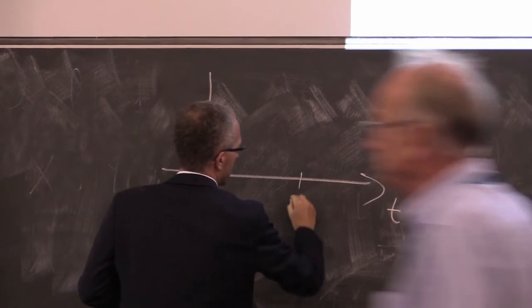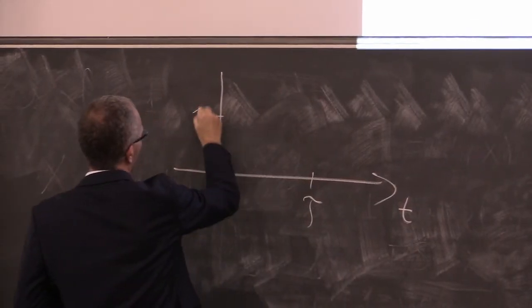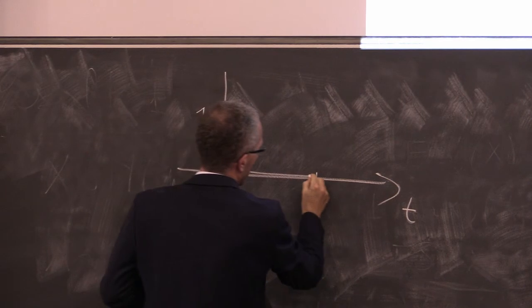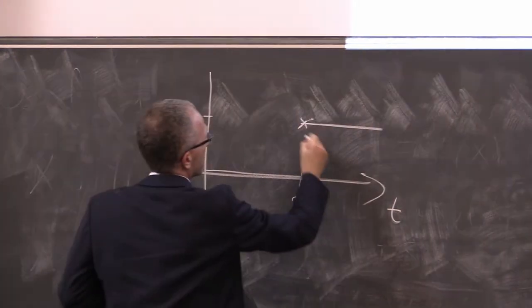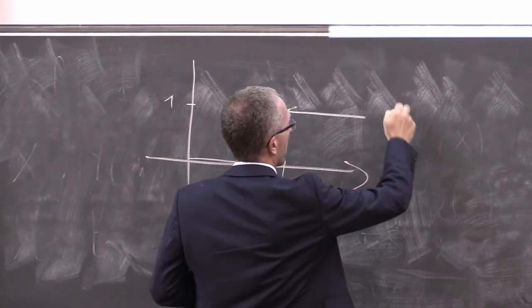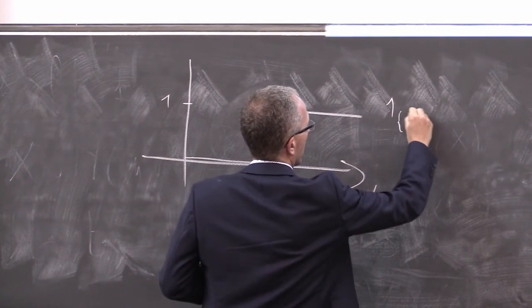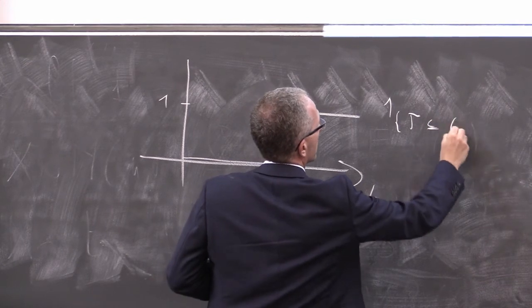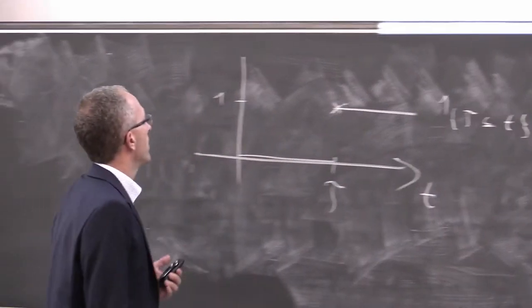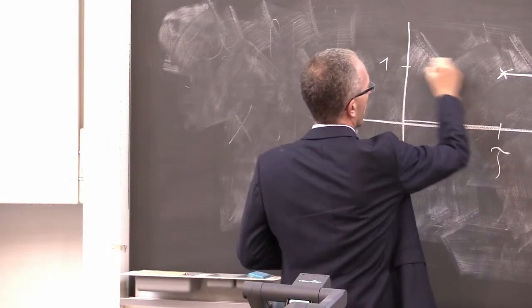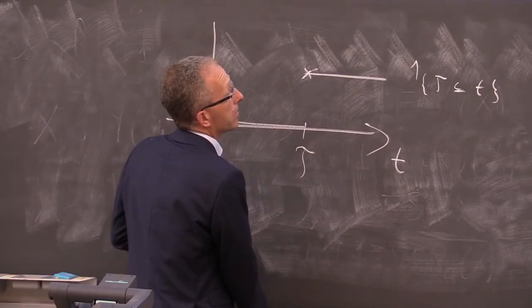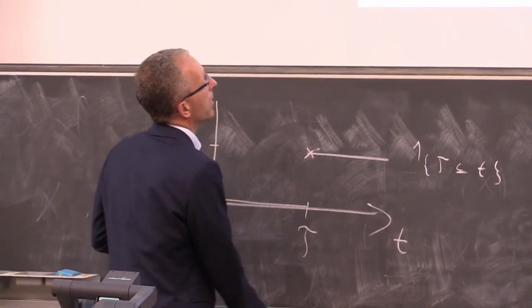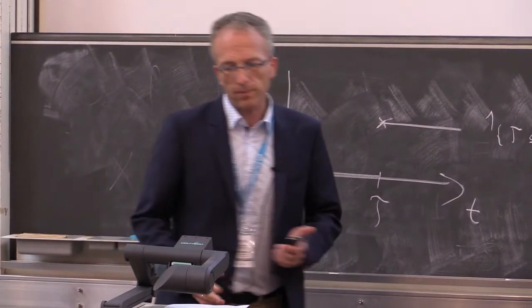If we assume that the default time happens here, here is 1, then there's a process which is 0 here and jumps to 1 directly at the default time. That is the indicator that tau is smaller or equal to t. There is also a survival indicator, which is 1 minus that. This is 1 here and then 0 from here onward. This will appear sometimes in our formulas, just as a piece of notation.